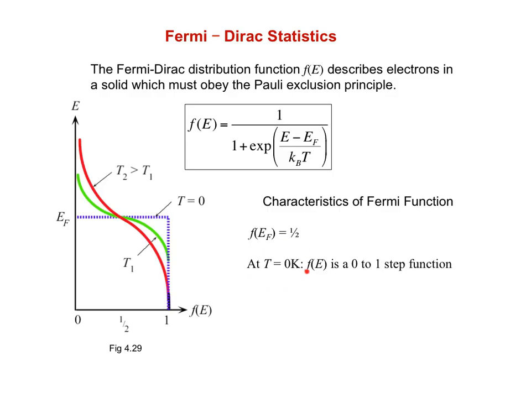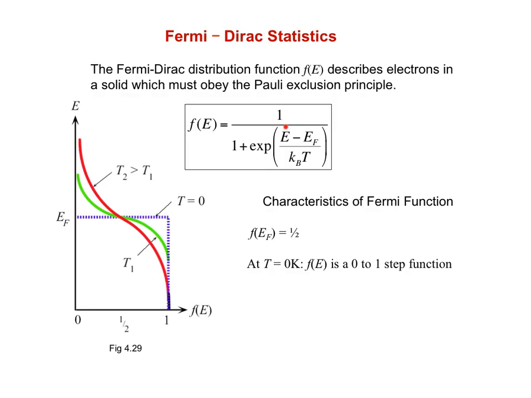At 0 temperature, the Fermi function is such that we take the exponential of minus infinity when E is less than the Fermi energy, making the exponential part 0, such that the Fermi function is simply 1, which is what we expect at energies less than the Fermi energy.